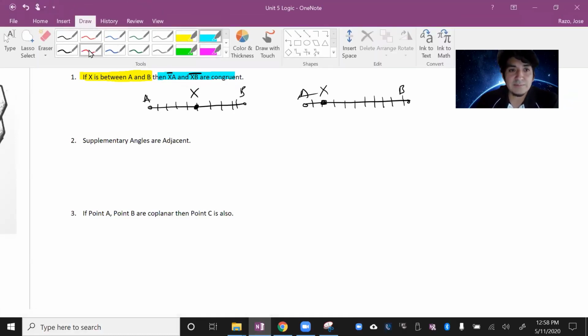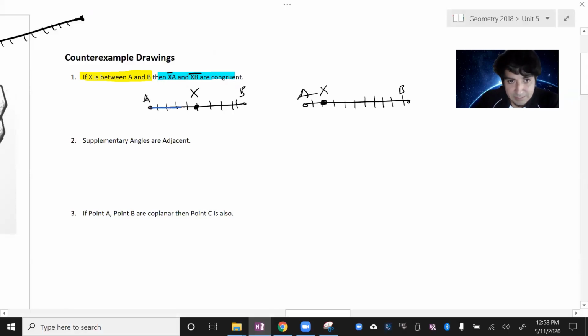So I'm going to make this line congruent with what I'm given. I'm going to give that one tick mark, and I'm going to give the other side one tick mark as well.